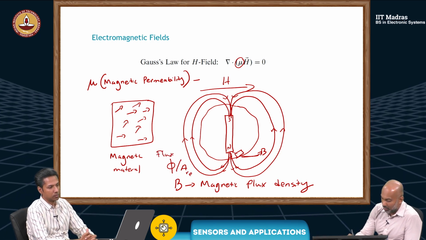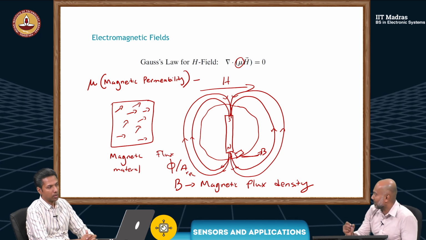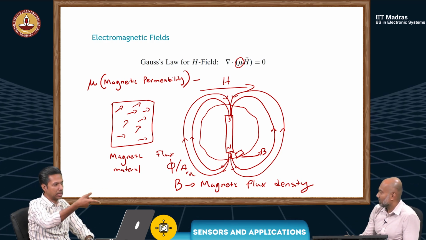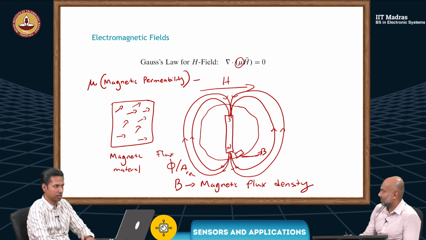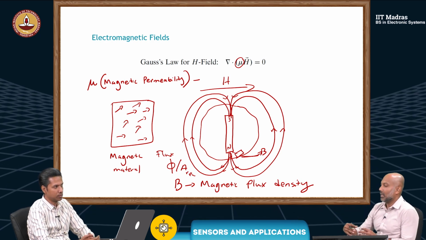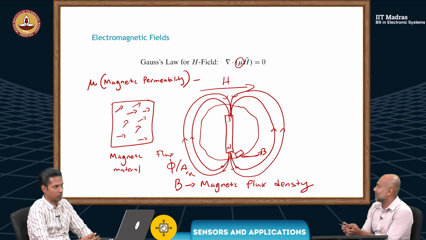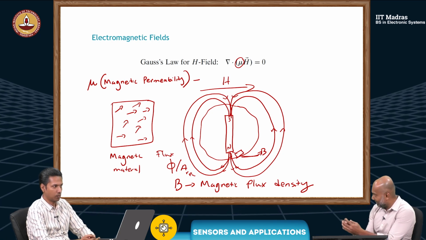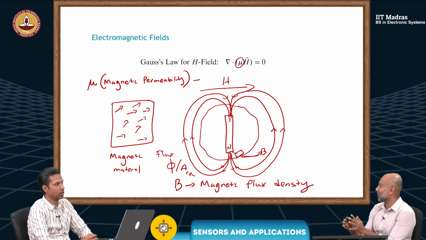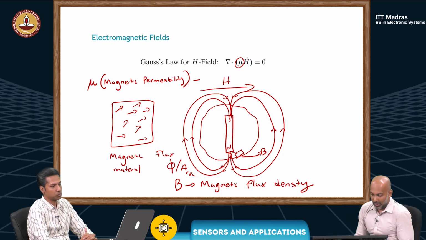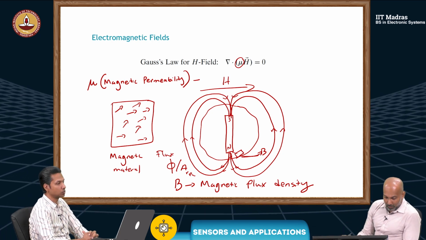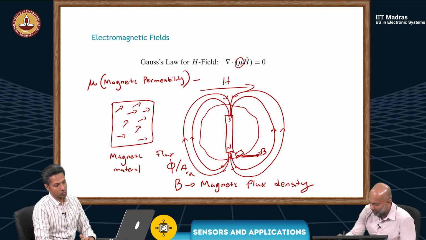What I've drawn is, if I take a certain area, that's the flux. But if you take per unit area, it's the density of flux coming out of that area. So again, we do a very similar thing here. B is coming out.